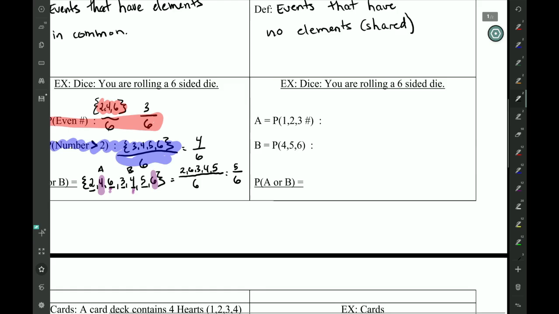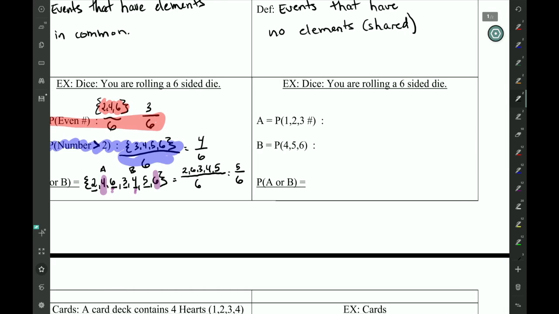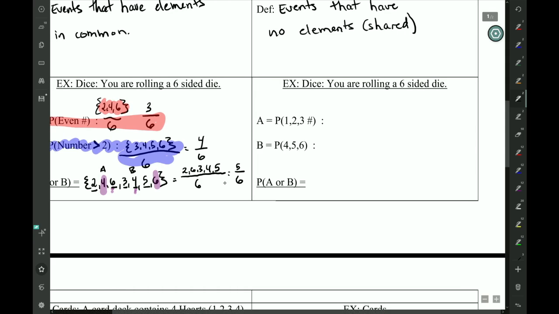Now, if you're rolling a 6-sided die and say I get the numbers 1, 2, 3, well those are simply 1, 2, or 3, so the probability of that is 3/6. 4, 5, or 6 is 3/6. If we look at these elements, they don't share anything in the total.